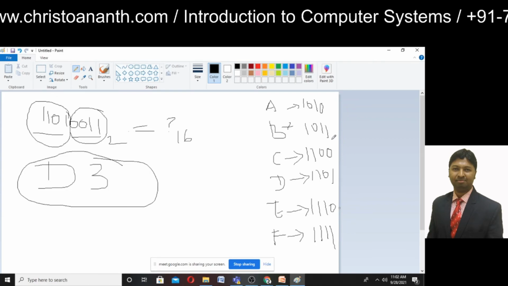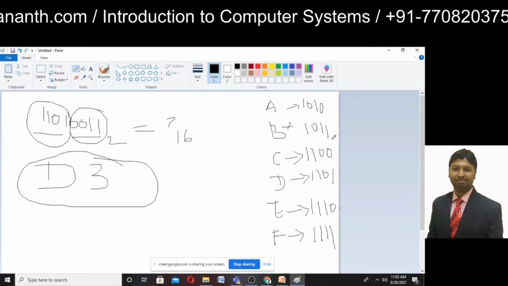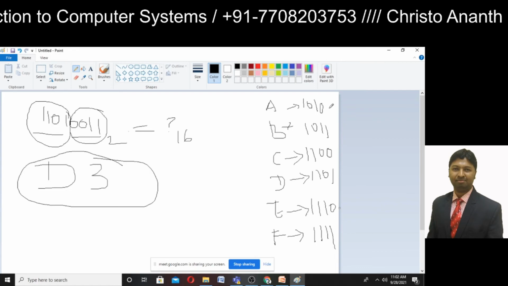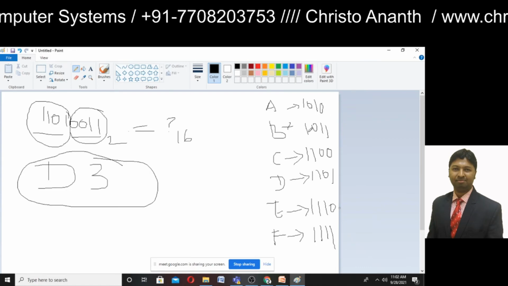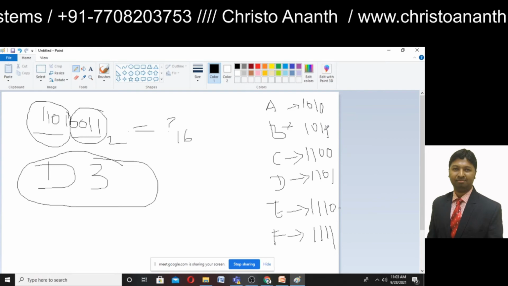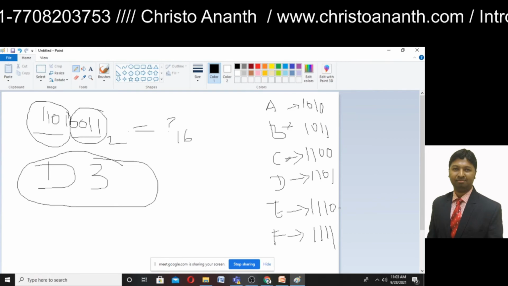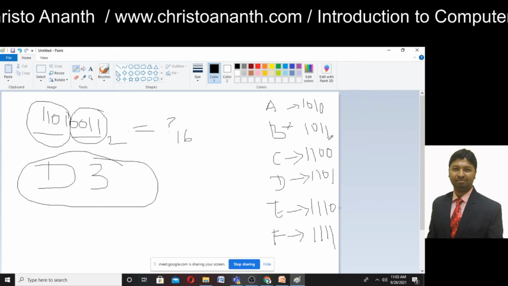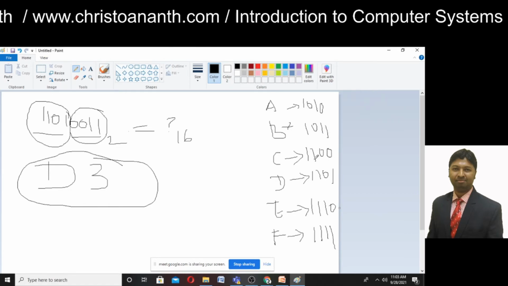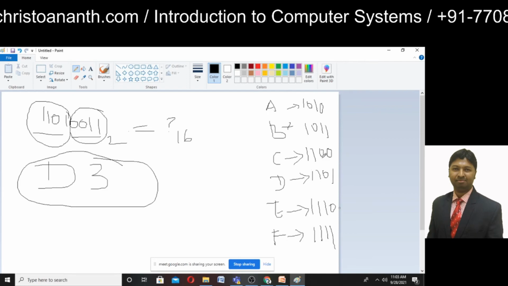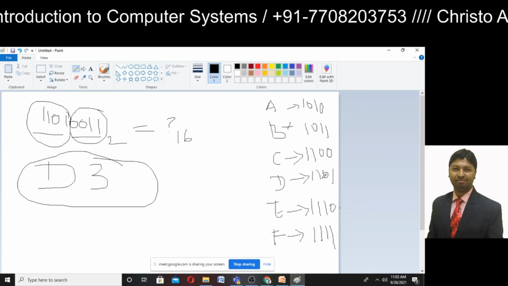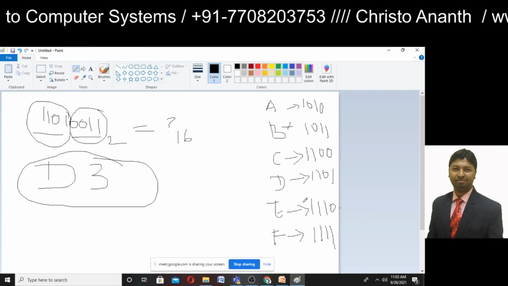Are you all listening? See, you add 1 to it, so you get 1011. In order to get C, you add 1 to it, so 1011 plus 1 gives 1100. To get D, you add 1 to it, so you get 1101.